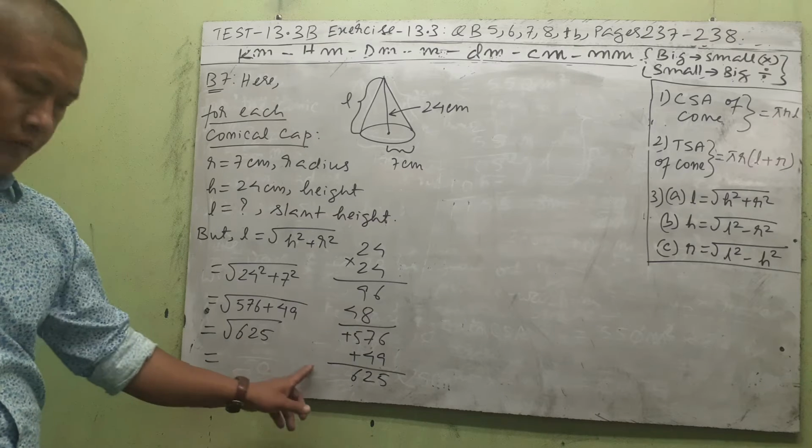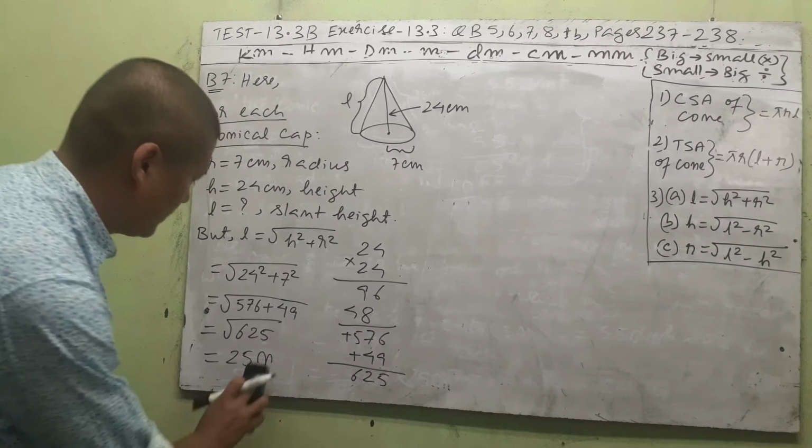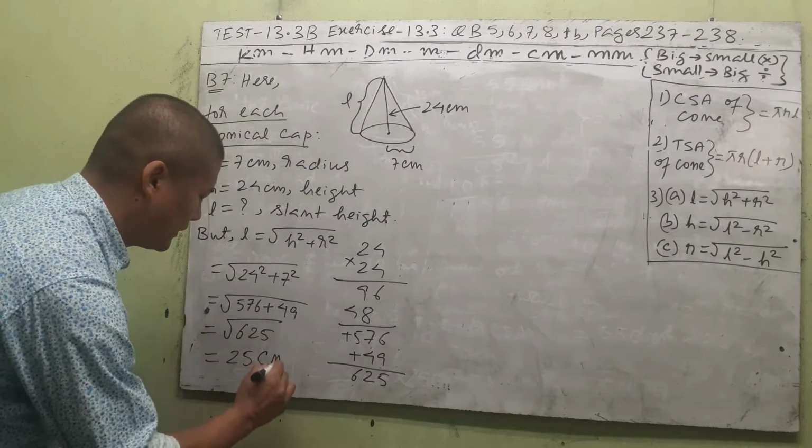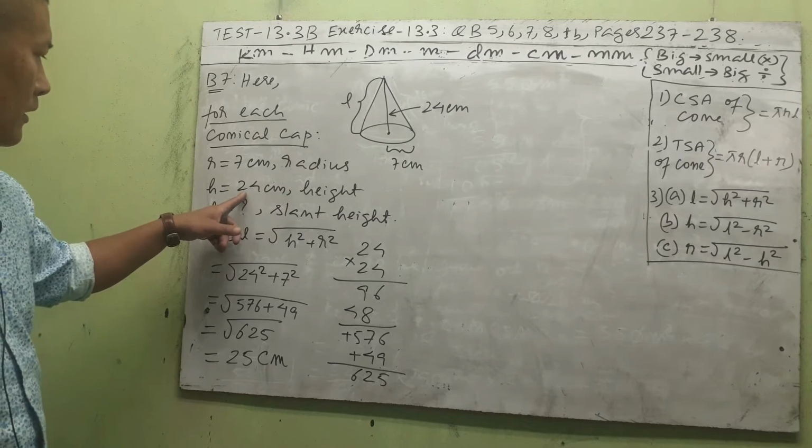We know 25 into 25 is 625, so L is 25 centimeters. So the slant height L is 25 centimeters, H is 24 centimeters, R is 7.